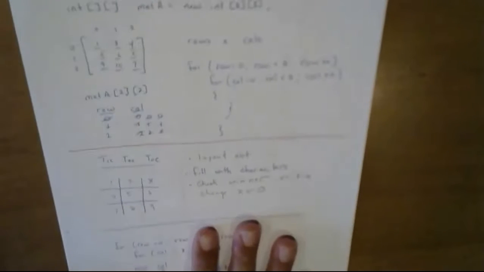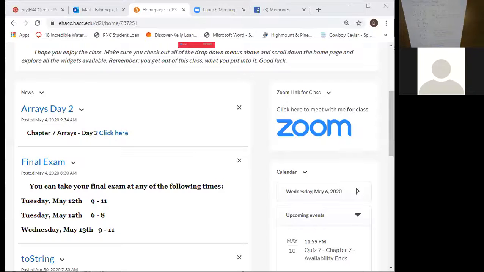Okay, so what I want you to do now is go to D2L, and I'm going to see if I can share my screen and go to this page. You see our final exam schedule, right there near the top. But you also see Array Day 2.